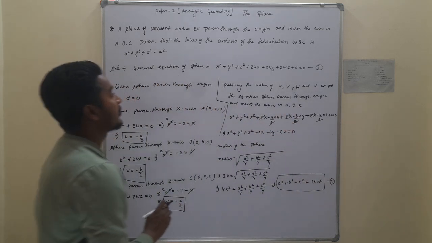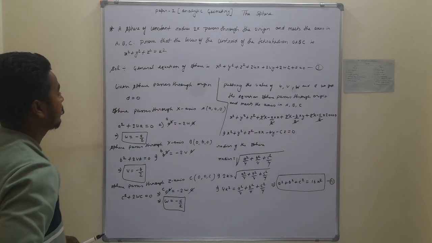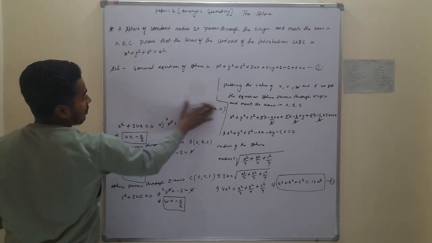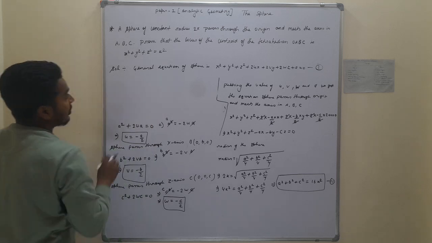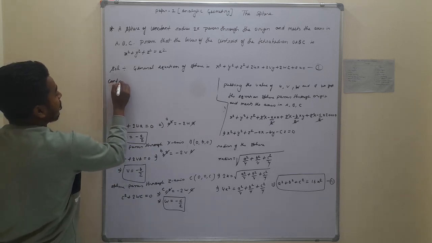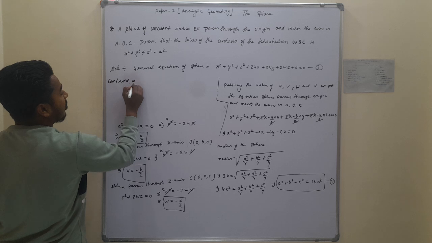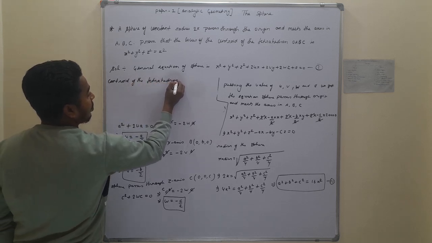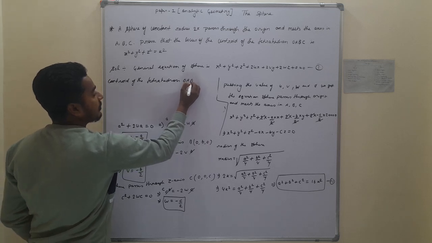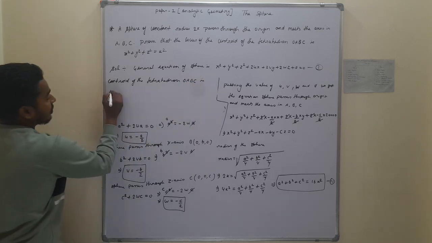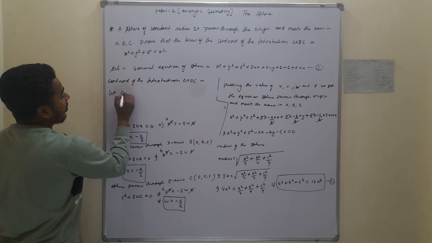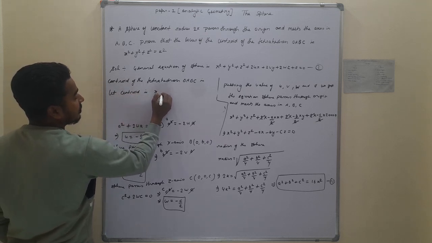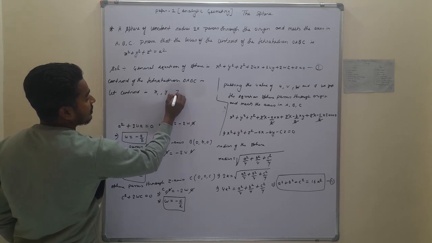And we have to find the centroid of the tetrahedron. Finding the centroid of the tetrahedron OABC, let the centroid be x1, y1 and z1.